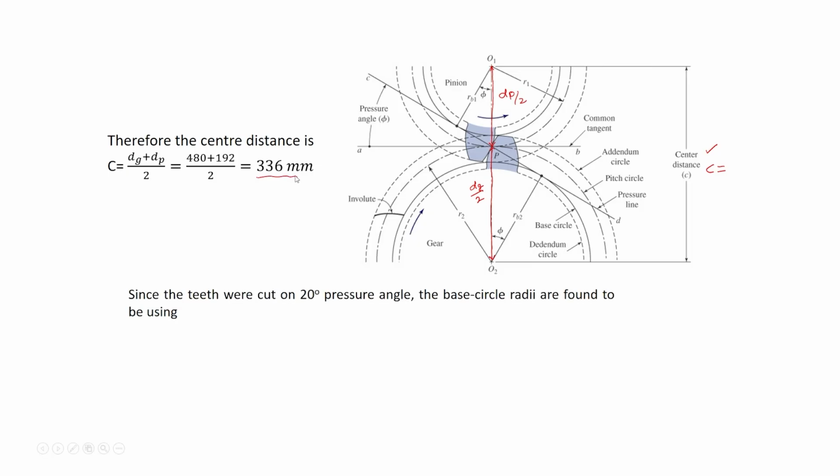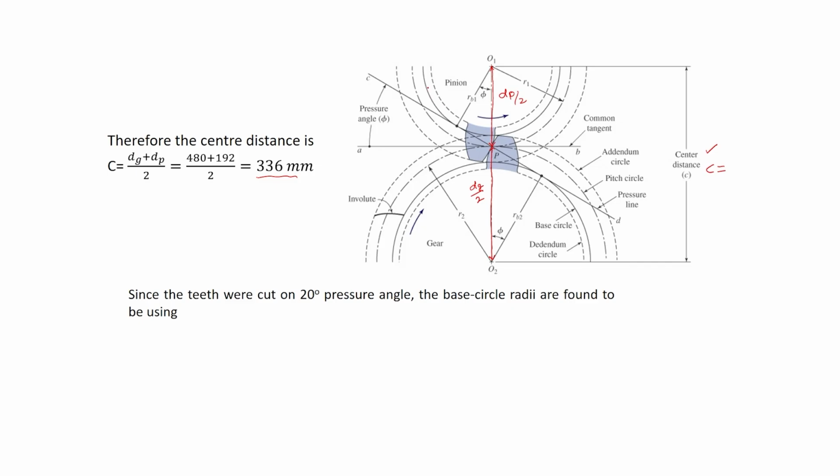mm. Since the teeth are cut on a 20-degree pressure angle, in the problem, pressure angle was given as 20 degree, and we know that the pressure angle is related to the common tangent on the base circles.